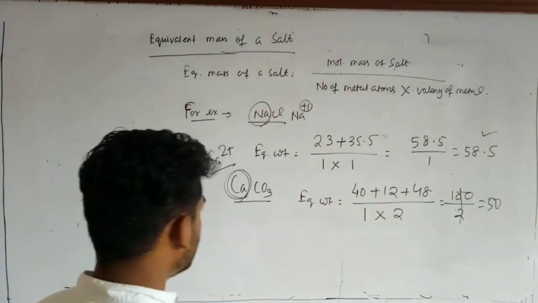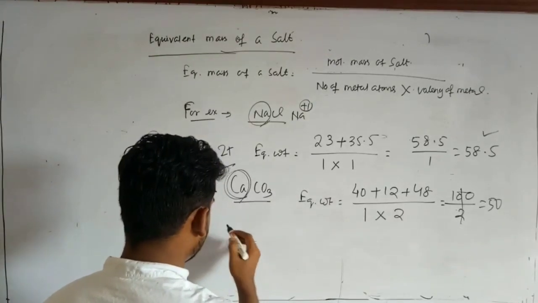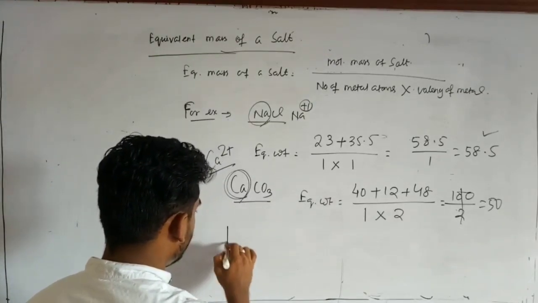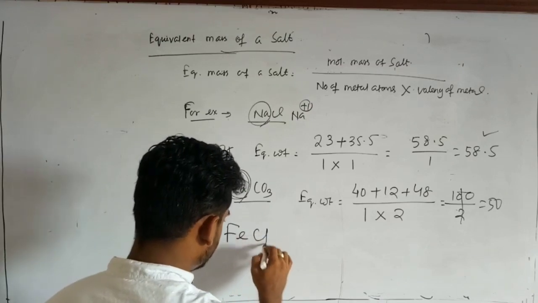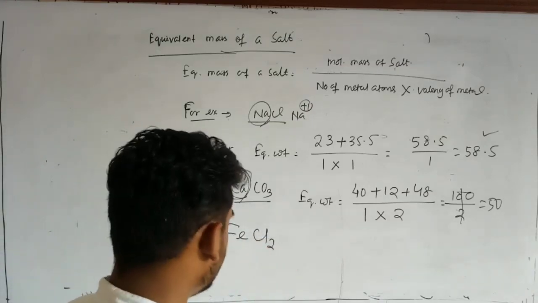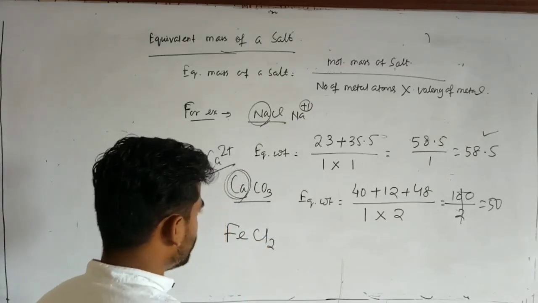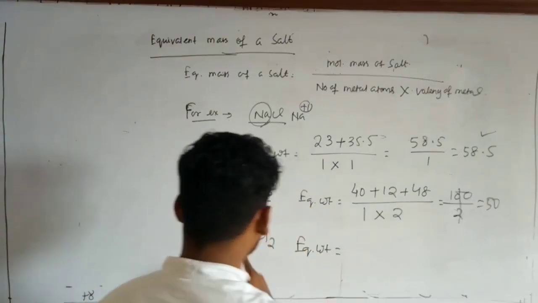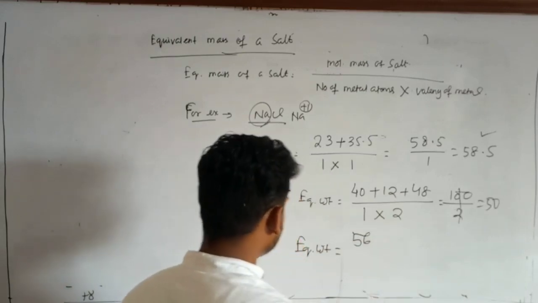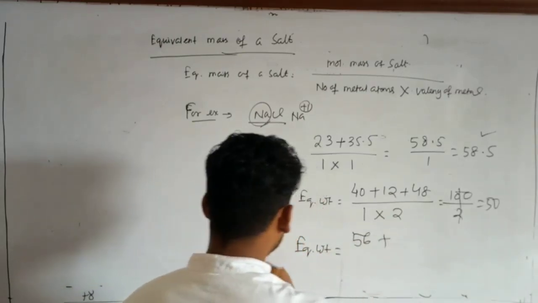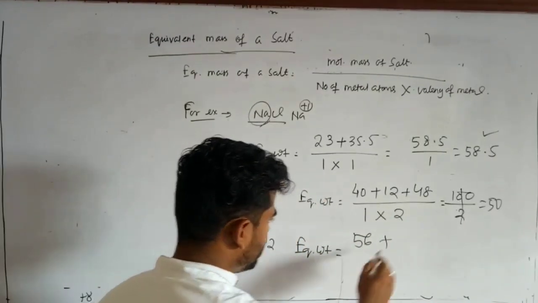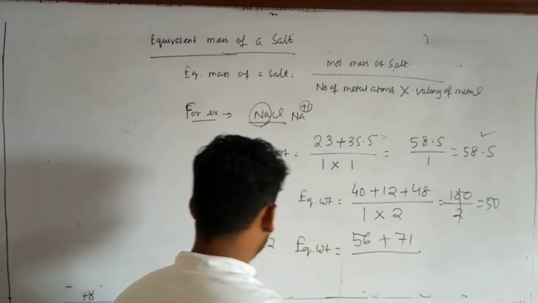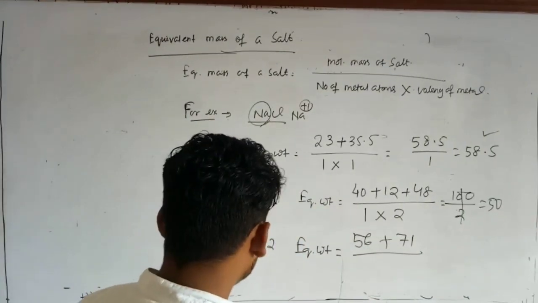Okay, next if you need to calculate FeCl2, ferrous chloride. So here equivalent weight is equal to molecular weight, iron 56 plus 2 into 35.5, that is 71, divided by the valency of iron.